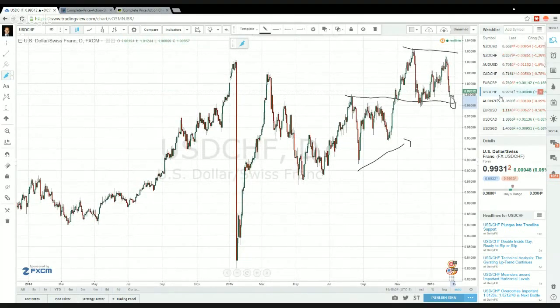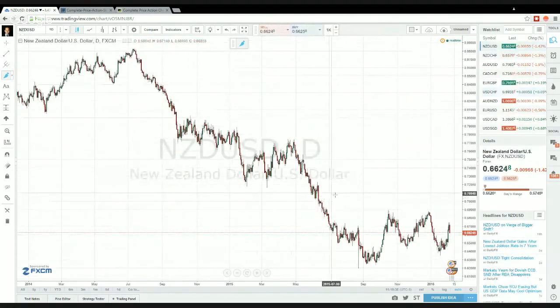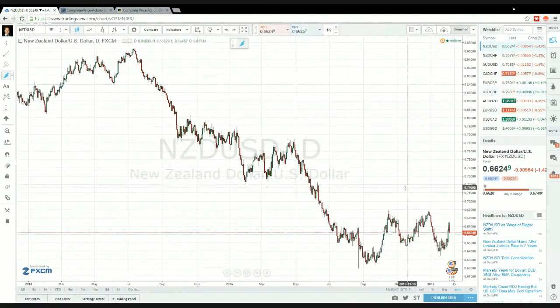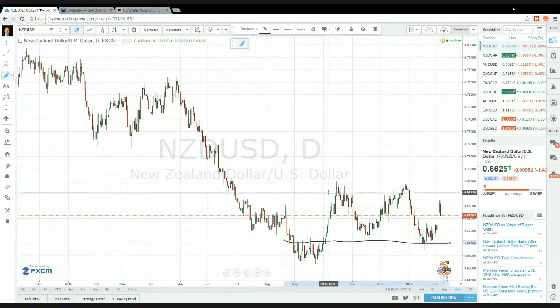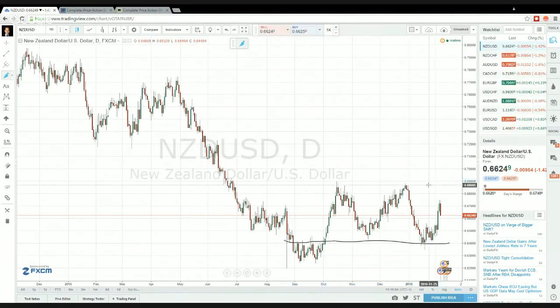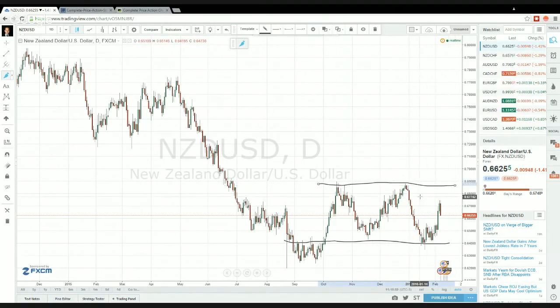Let's take another pair because we won't go that far. New Zealand dollar. Okay. So we have a sideways market, right? It's pretty clear. We have this level here, and we have that higher level here. Yeah, it's not really clear. We have that resistance right here.